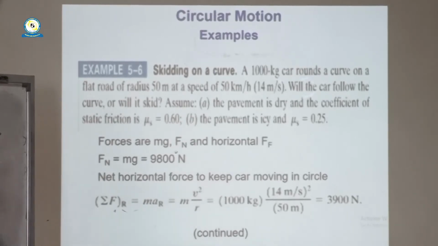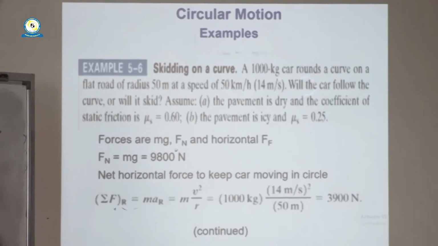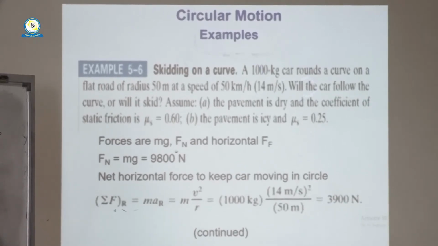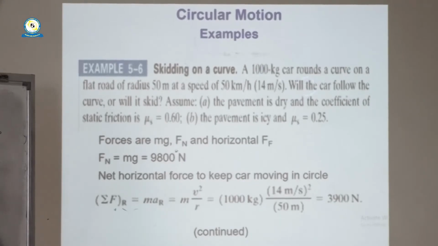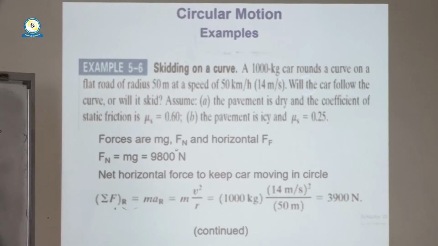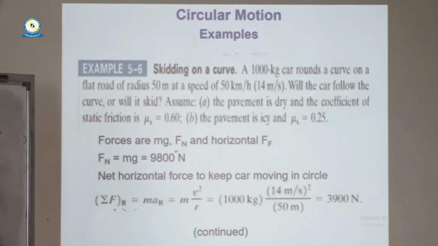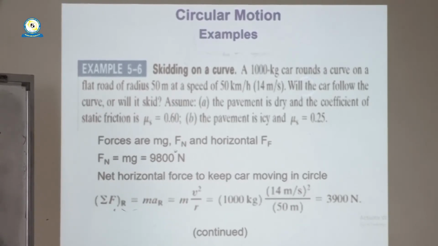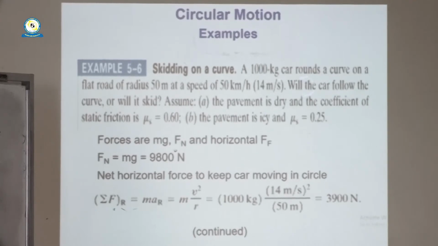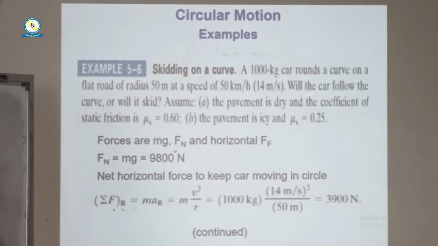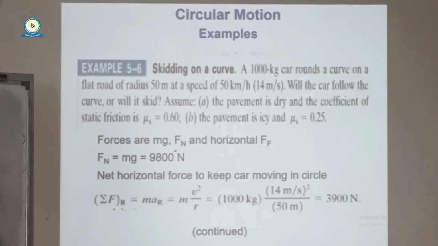Example for skidding on a curve: a 1,000-kilogram car rounds a curve on a flat road of radius 50 meters at a speed of 50 kilometers per hour, or 14 meters per second. Will the car follow the curve or will it skid? Skid is like overturning.